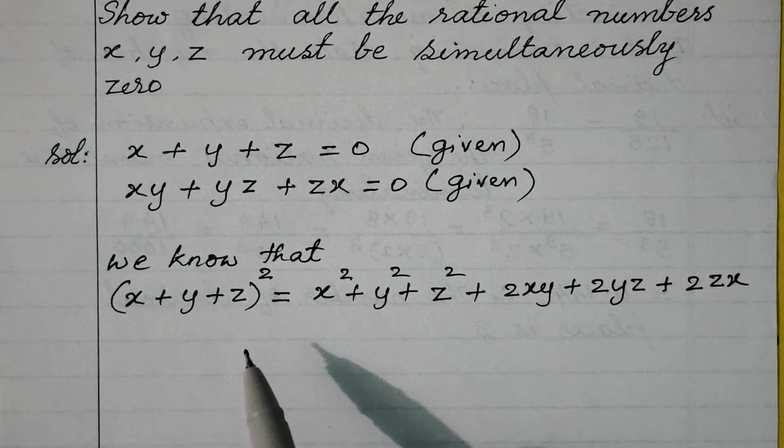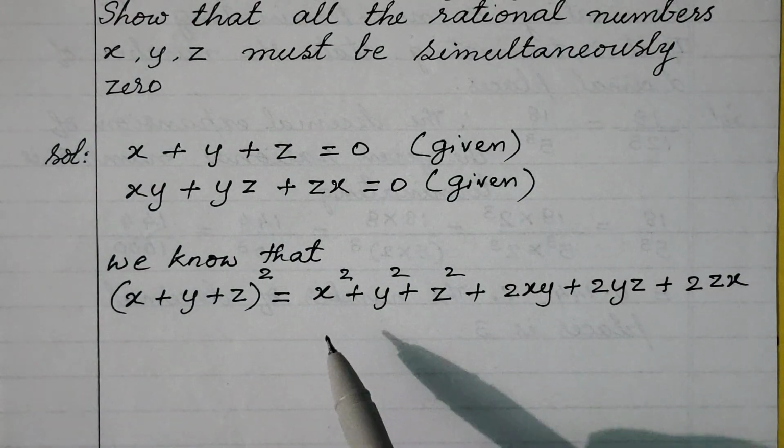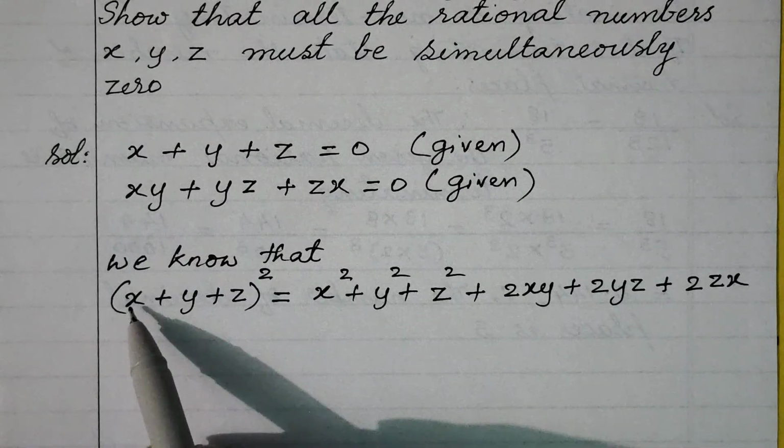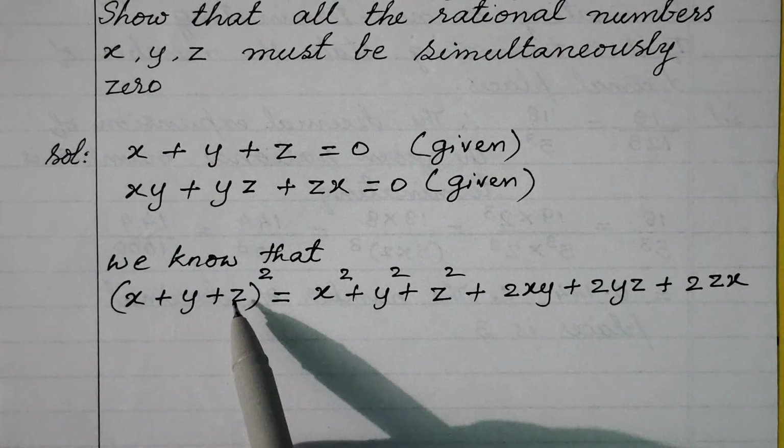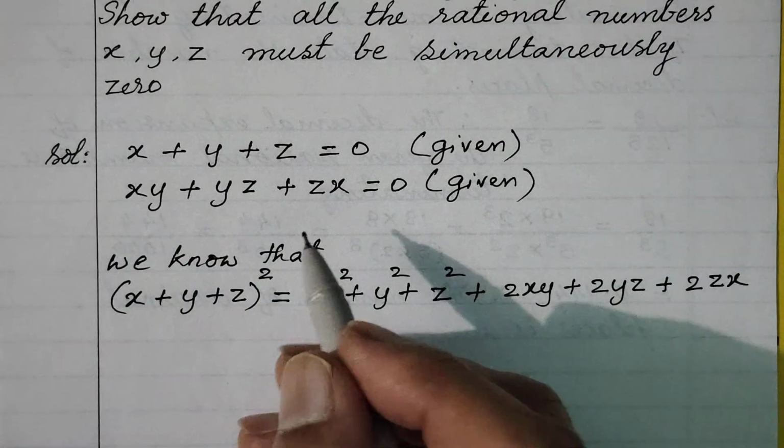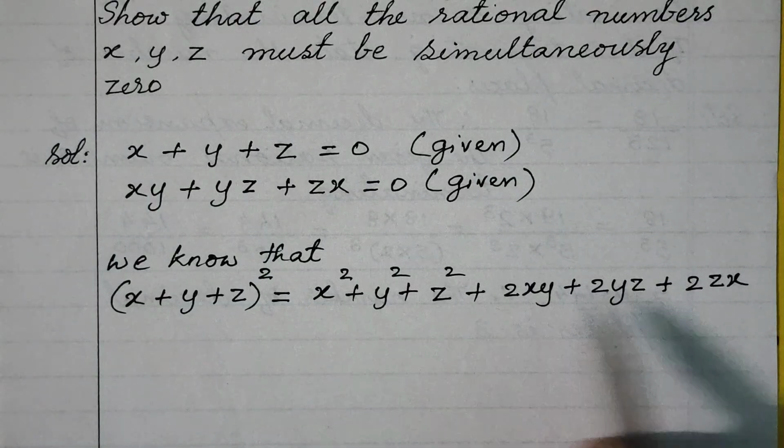This is the identity for x plus y plus z whole square.